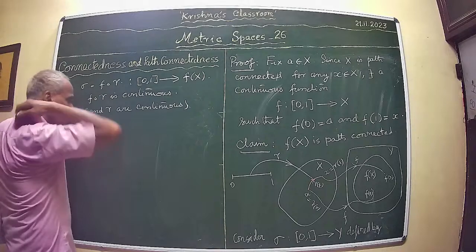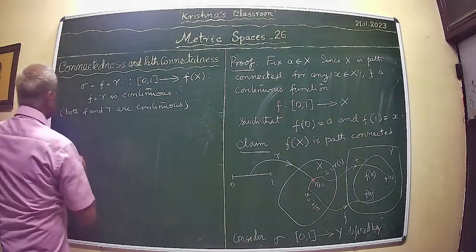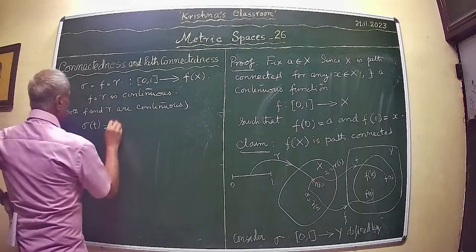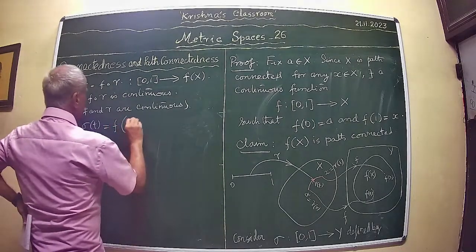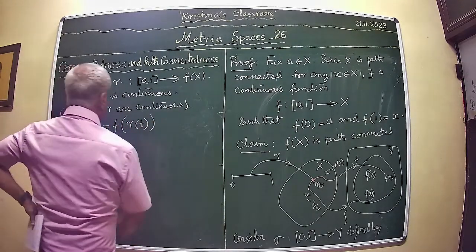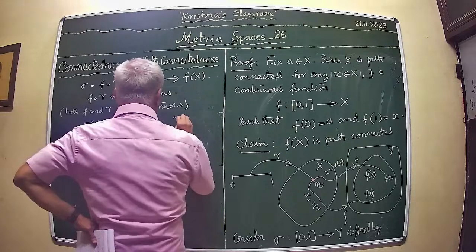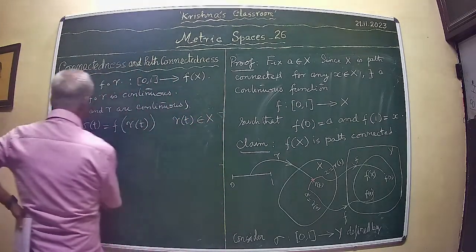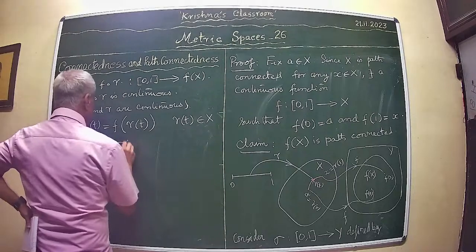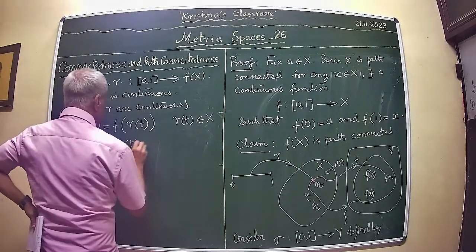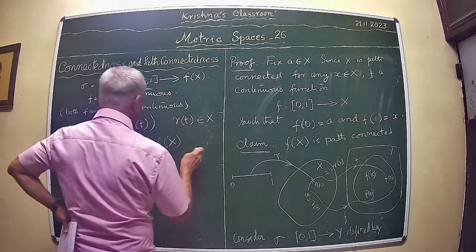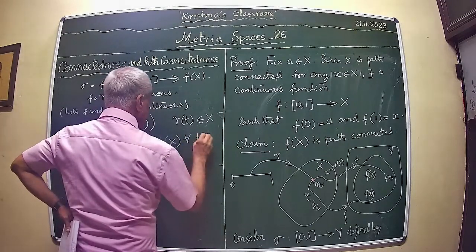And you see that sigma t is essentially f of gamma t, and gamma t belongs to X implies sigma t belongs to f(X) for every t.